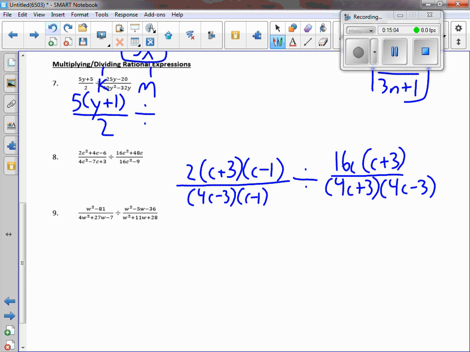Now again, we factored everything. We have division, so we will keep it, multiply it, and flip it. So we get 2 times c plus 3, c minus 1. Clean that up for you.